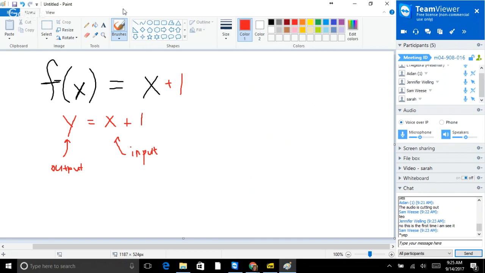So in function notation, your x is your input or your independent variable. You can put any x from the set into the function. And your y is your output. Your f of x is your output in function notation. So it's what you've seen before, but it's in function notation versus just equation notation.